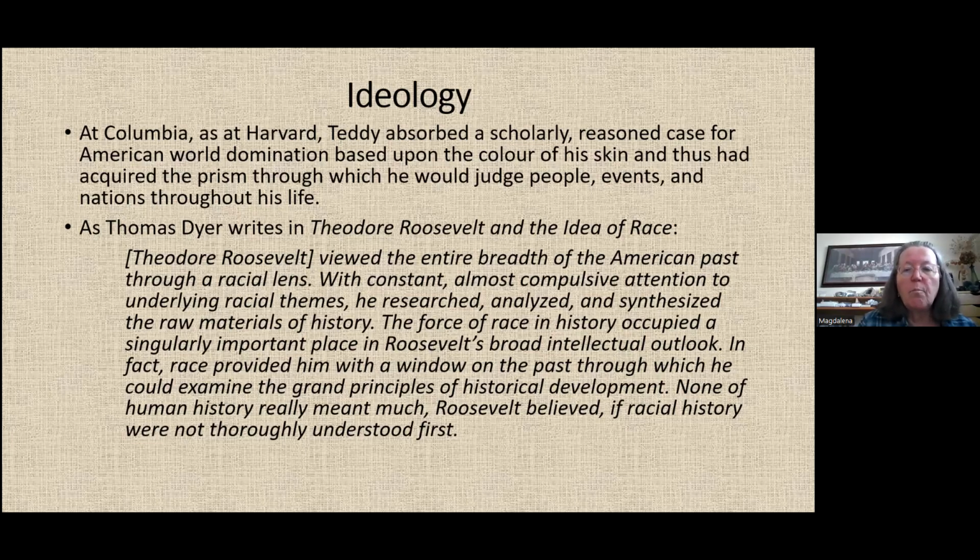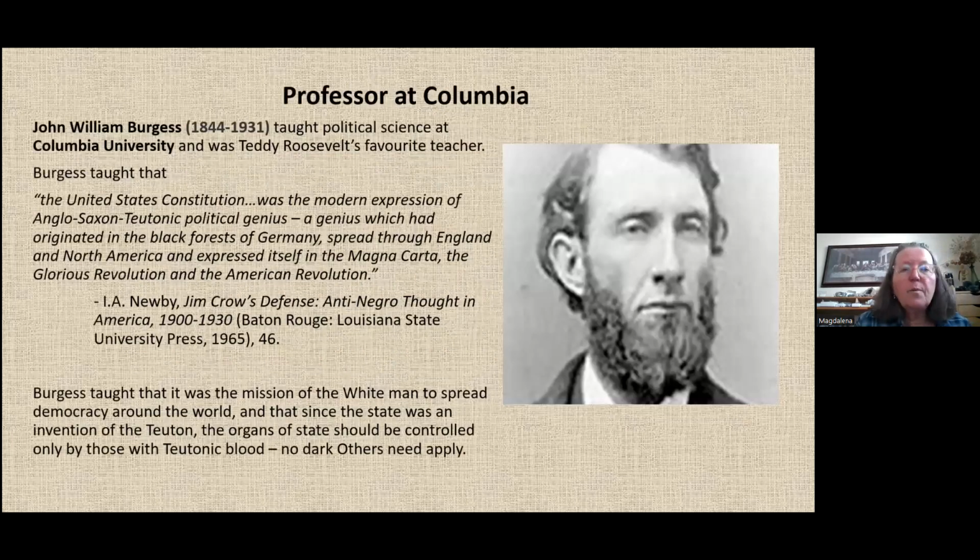The Teuton myth. Another professor at Columbia was John William Burgess. Okay, he taught political science at Columbia, and he was Teddy Roosevelt's favorite teacher. Burgess taught that the United States Constitution was the modern expression of Anglo-Saxon Teutonic political genius, a genius which had originated in the Black Forest of Germany, spread through England and North America, and expressed itself in the Magna Carta, the Glorious Revolution, and the American Revolution.